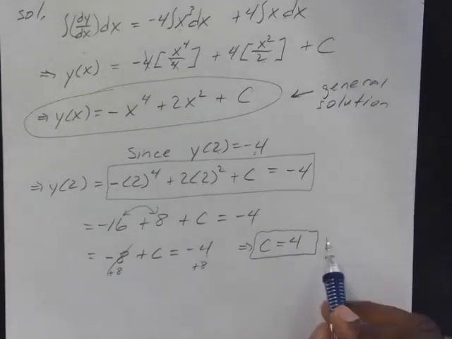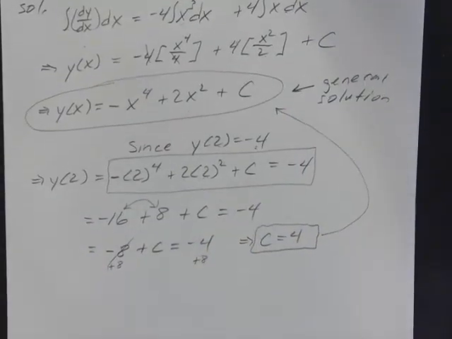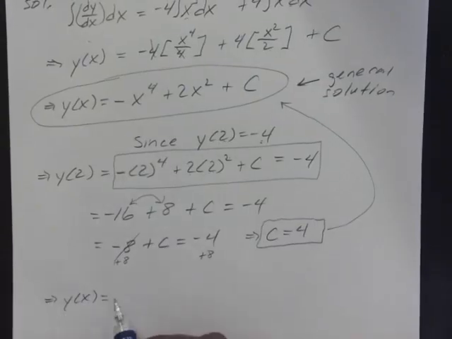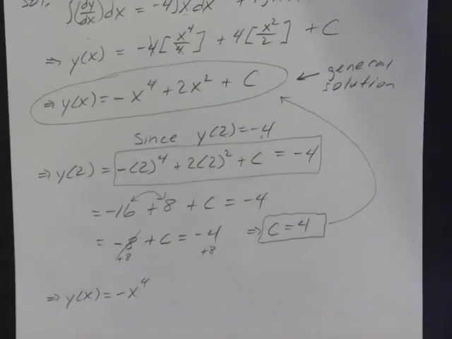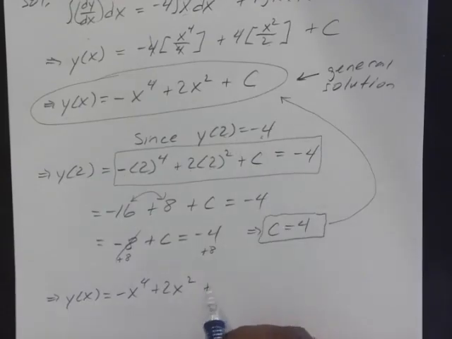So we get that value of c and plug it into our general solution. So we know that y of x is equal to negative x to the 4th power plus 2x squared. And instead of plus c, we're just going to make that plus 4.